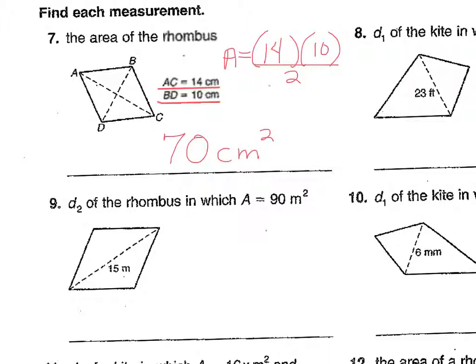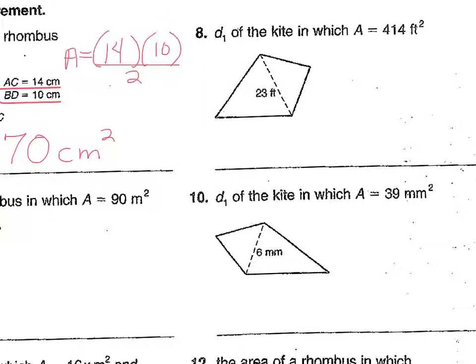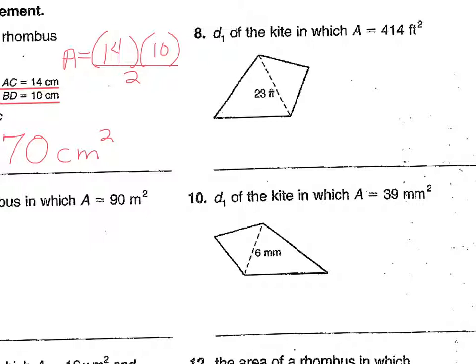Okay. Now problem number 8. In number 8, they want us to find diagonal 1. Just like number 2 and number 4, it's diagonal 1 that we're looking for, and what is given here is diagonal 2. So I write my formula down: A equals D1 times D2 divided by 2. The area is 414. I don't know diagonal 1, but I know that diagonal 2 is 23.